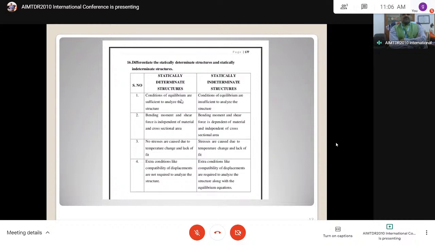This is the difference between the statically determinate and indeterminate structure. This is not only in this case, everywhere it is the same concept. We'll apply it to differentiate between the statically determinate structure and the statically indeterminate structure. Okay.